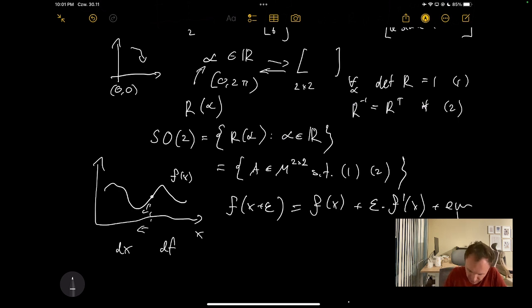So basically this is like Taylor's theorem, and all of this is basically just a definition of the derivative.